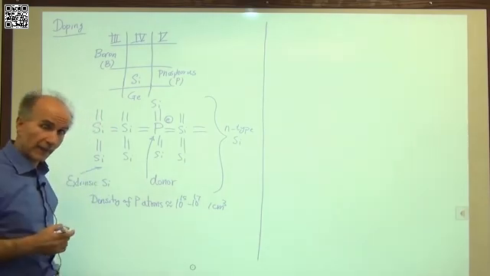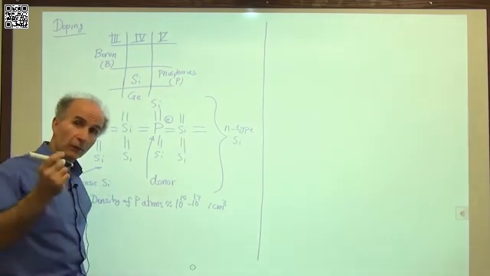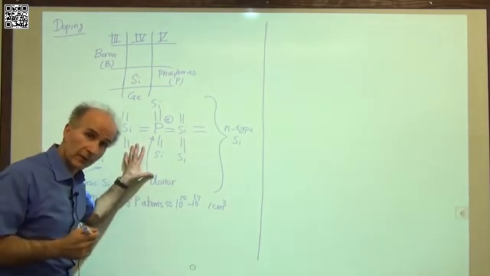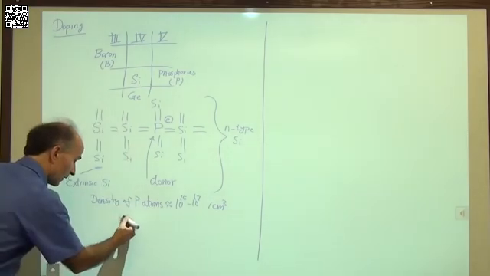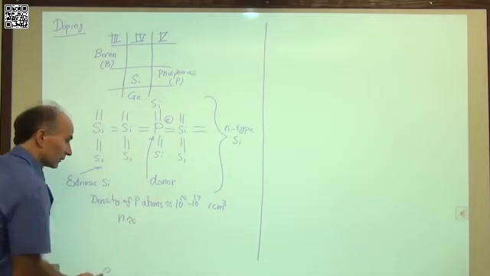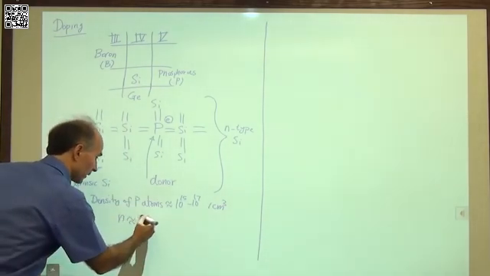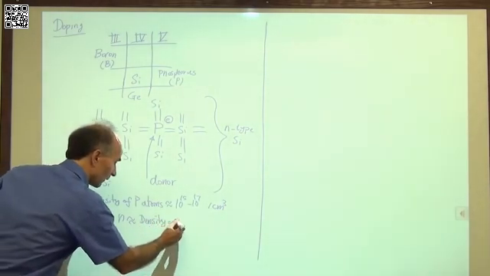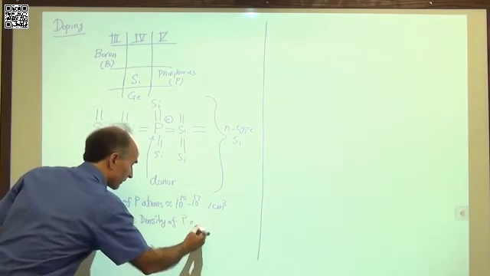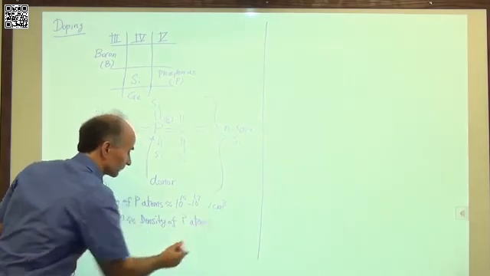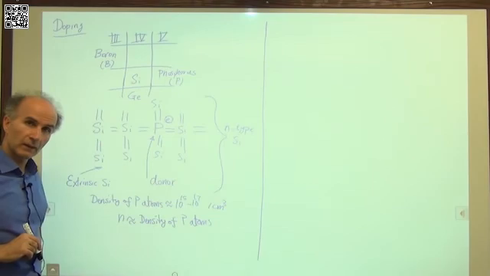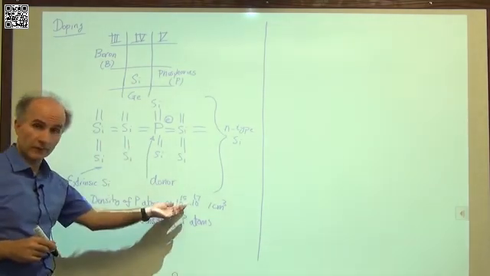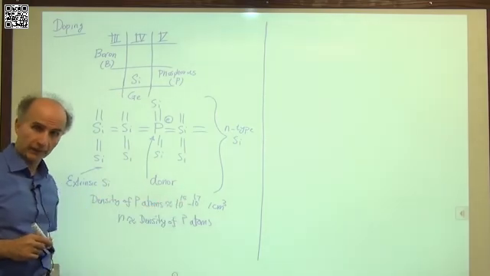In other words, I can say that the density of free electrons in this doped piece of silicon, N, is approximately equal to the density of phosphorus atoms. Okay? Because we had some already from the silicon, and now we have a lot more from phosphorus. This is so much bigger, we'll just keep it like that.